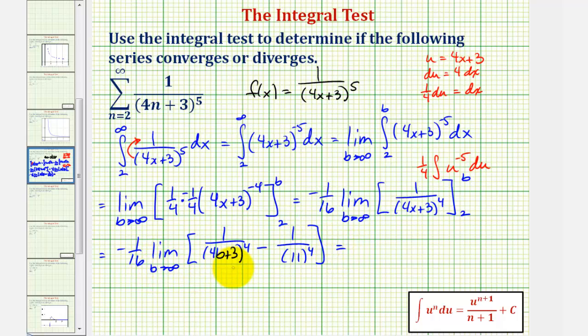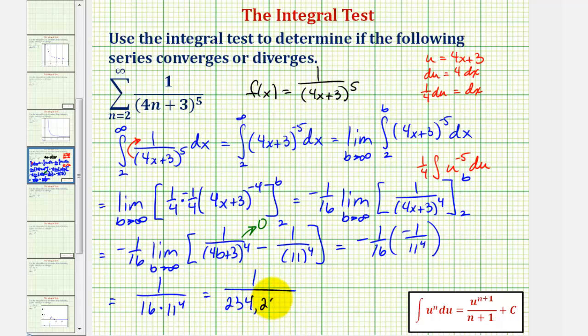Well, as b approaches positive infinity, notice for this fraction, the denominator increases without bound, and therefore this approaches 0. And notice this fraction is not affected by b, and therefore we'd have negative 1/16 times negative 1 over 11 to the fourth, which would give us positive 1 over 16 times 11 to the fourth, which comes out to 1 divided by 234,256.